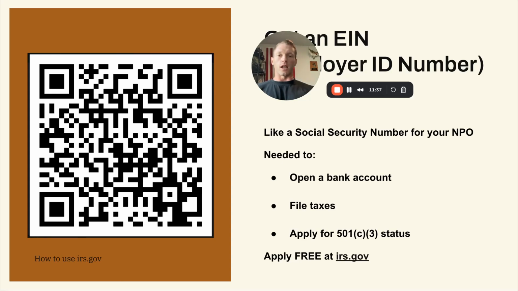So a lot of banks, like USAA, will do a matching program for nonprofits where they'll match a certain percentage of your donations. You'll need this number to file taxes. Like I said, that 1023 EZ form, and then apply for your 501c3 status, which you apply at irs.gov.